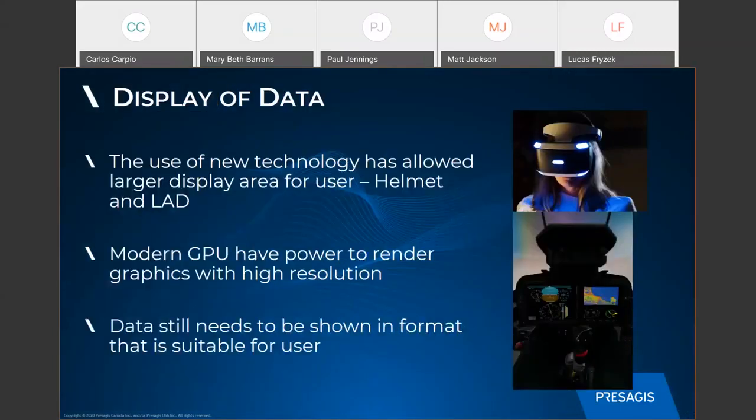So we've talked about the extra information that has become available and that we want to present to a user. The use of technology has actually enabled us with new sensors and new data. Historically, we were limited in a cockpit. You had a certain amount of screen space or cockpit space, and the screens were of a certain size.